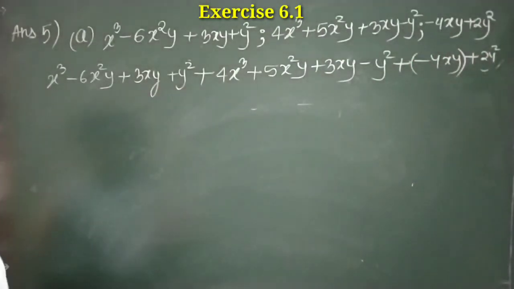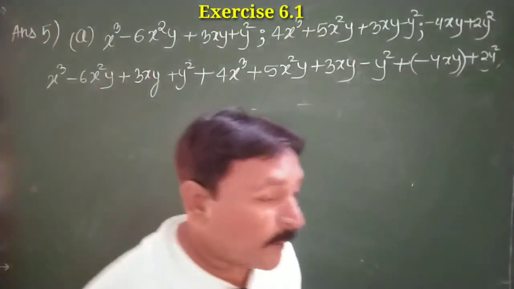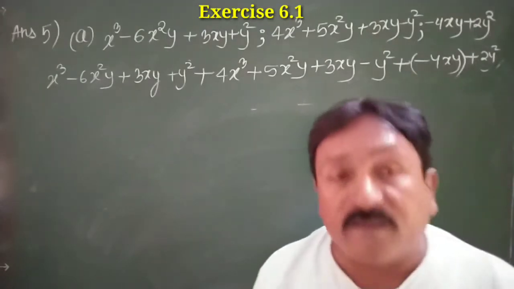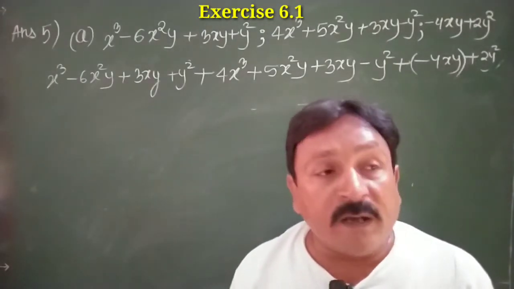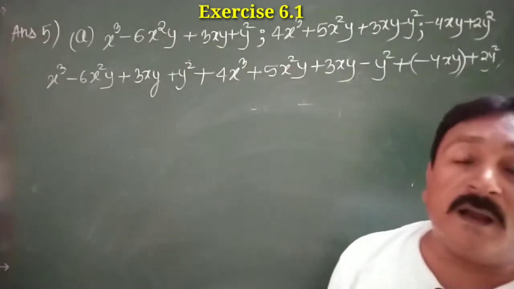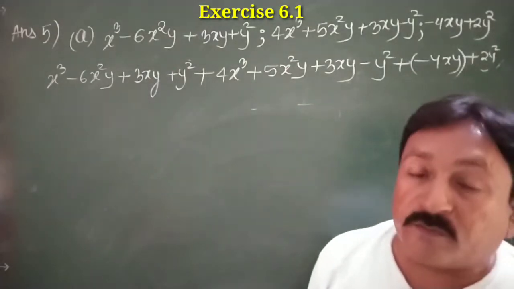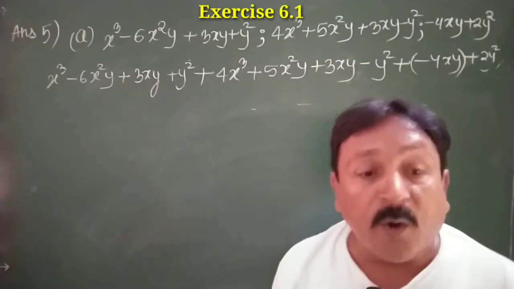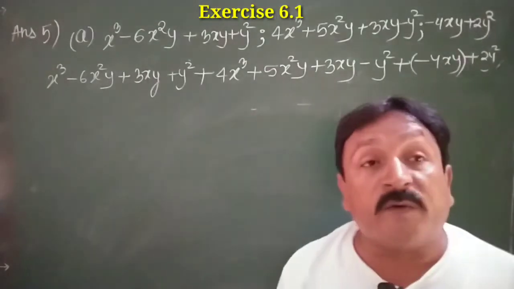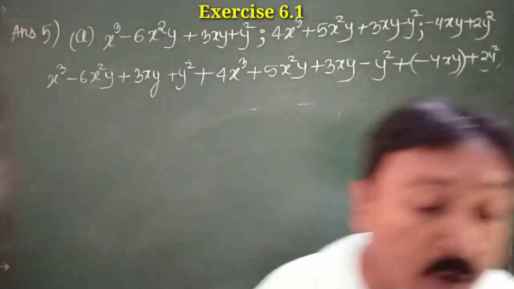Now how to solve it? I had just explained in my concept like and unlike terms. Always keep one thing in mind and recall from class 7th that only like terms can be added or subtracted, and like terms are those terms which have the same kind of variable.